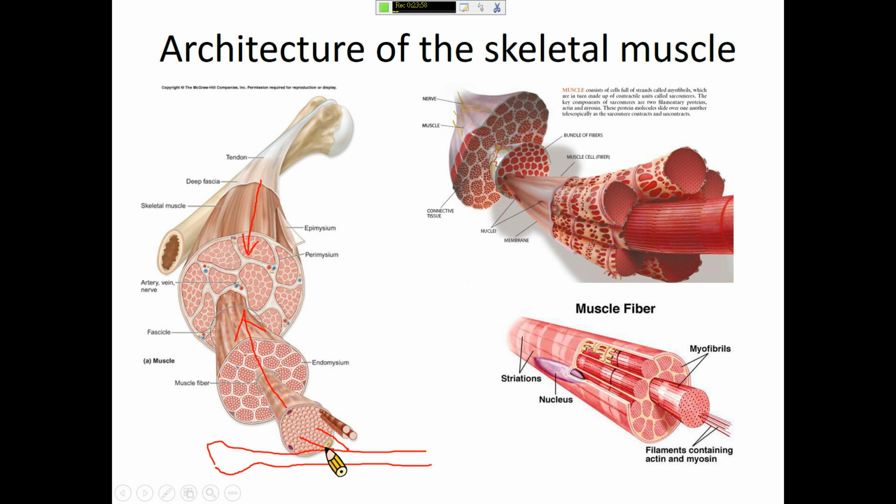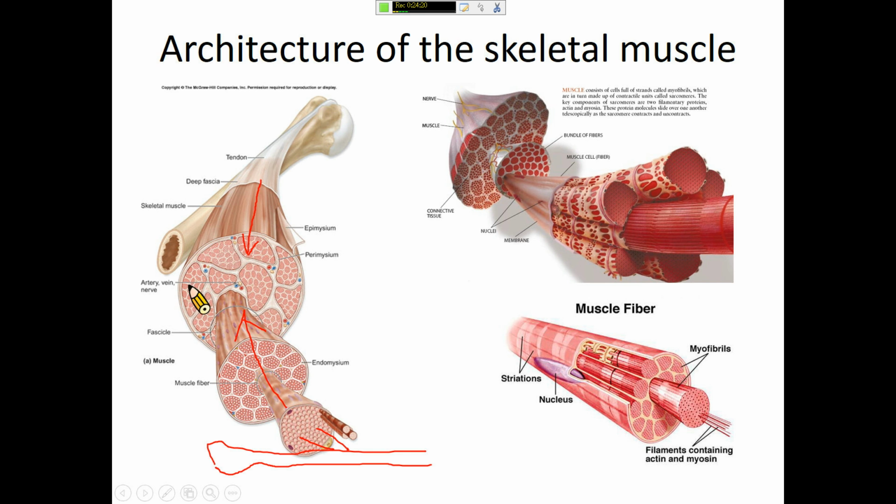The tendon here will be pulled toward the center by this force, and that creates movement, because the tendon is connected to the bone, right? Inserted to the bone. So that's how the skeletal muscle works.